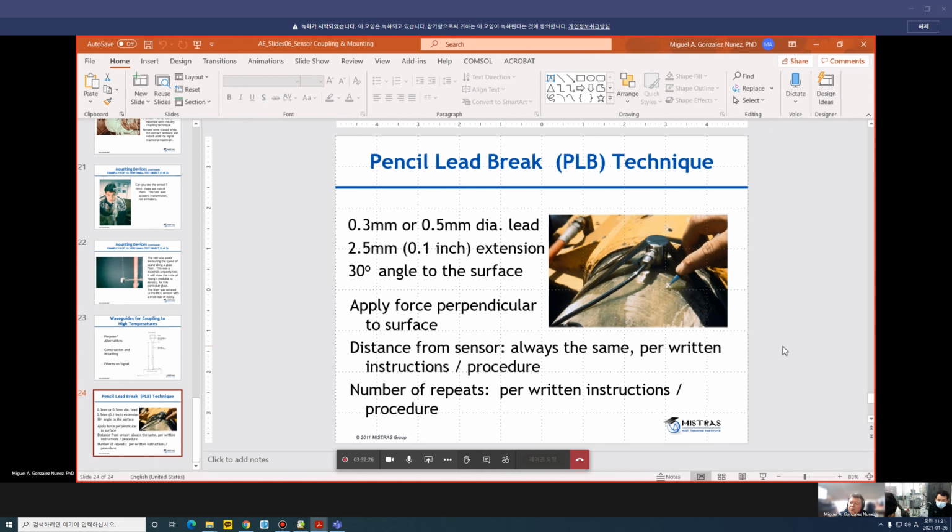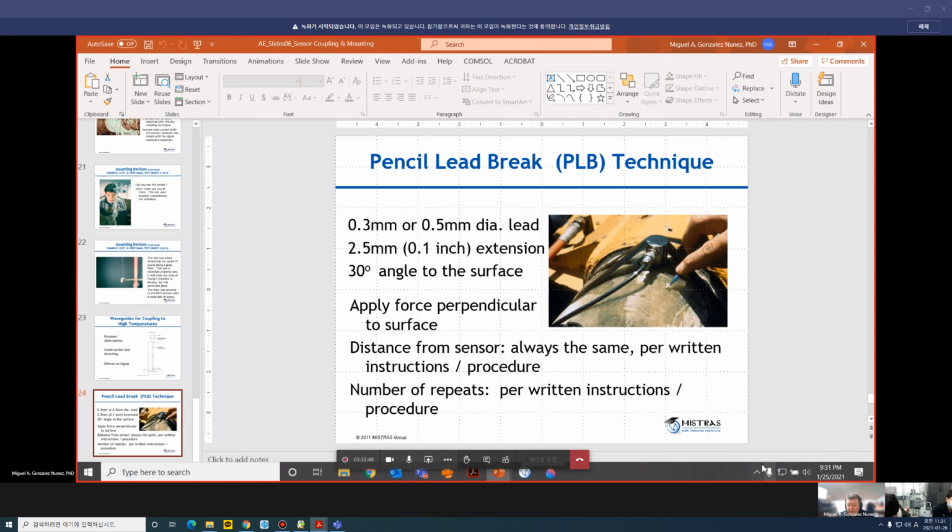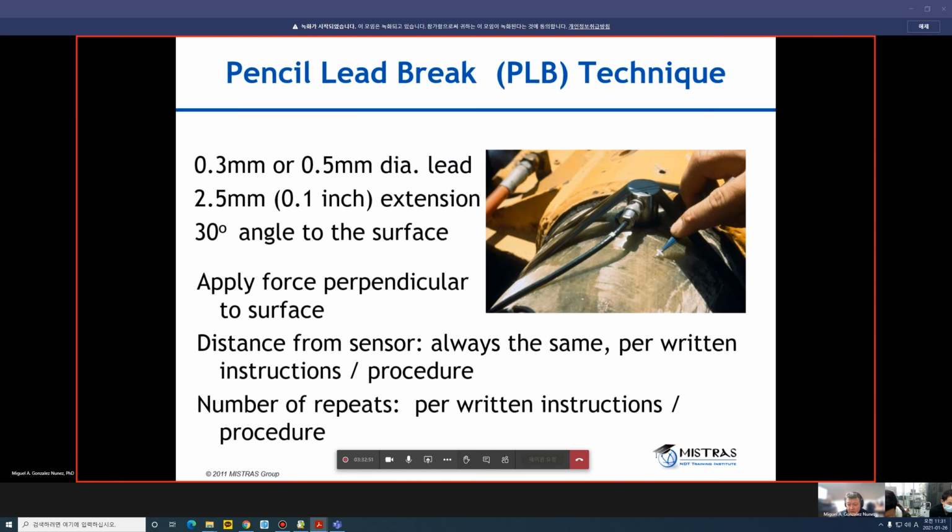Because we know the characteristics of the pencil lead, we know that it has a specific hardness, and we are simulating a micro crack. When you apply the pressure perpendicular to the surface of the test piece, you are generating a local stress here.